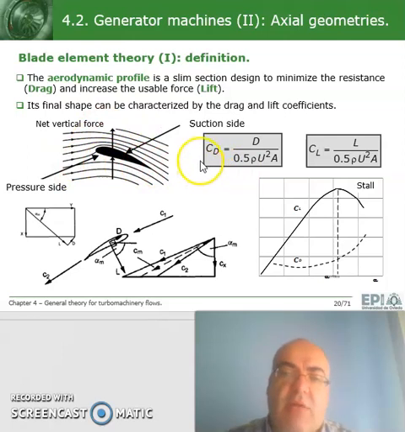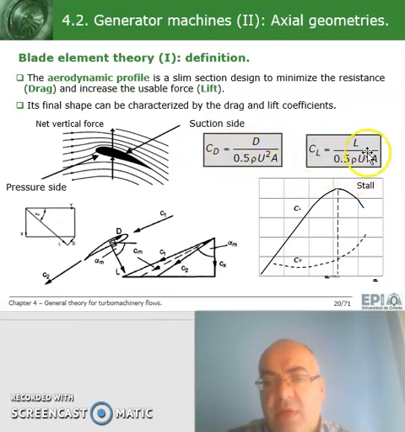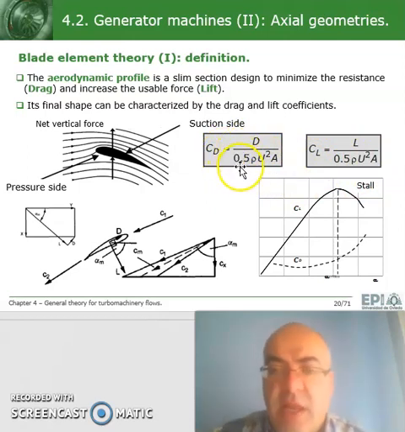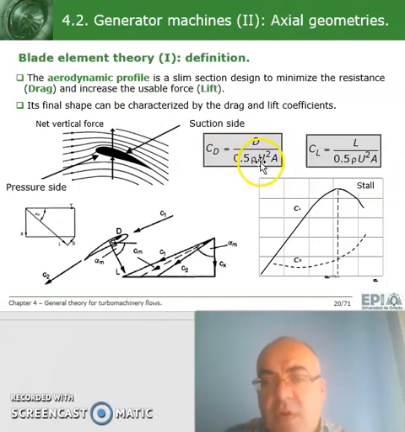We are going to center our attention on the drag and lift coefficient, defined as D or L over the same value to make it non-dimensional, which is 1/2 of rho peripheral velocity squared times the surface.